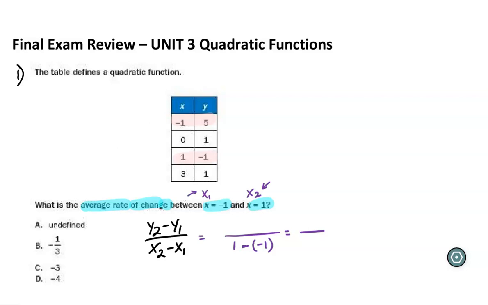Then you plug them in here, whatever y2 is, y1, and then you get your answer. 1 minus -1, that turns +1, so it's 1 plus 1, which is 2. Then figure out what goes on top, simplify your answer, and that's your slope. Well, average rate of change, same thing.